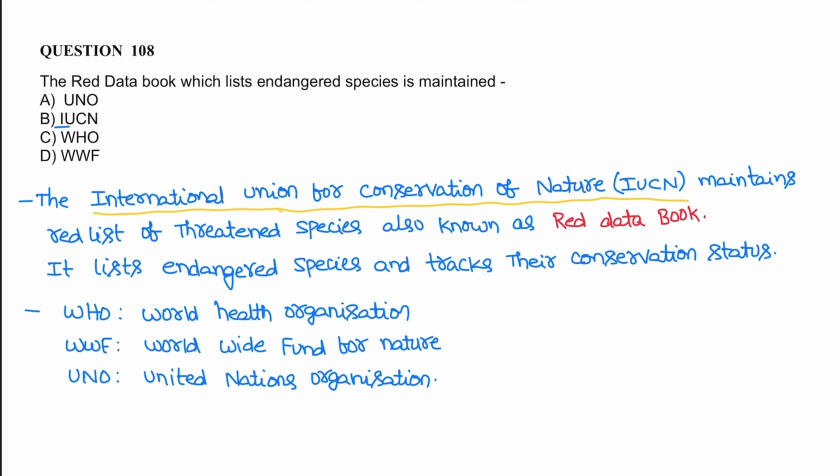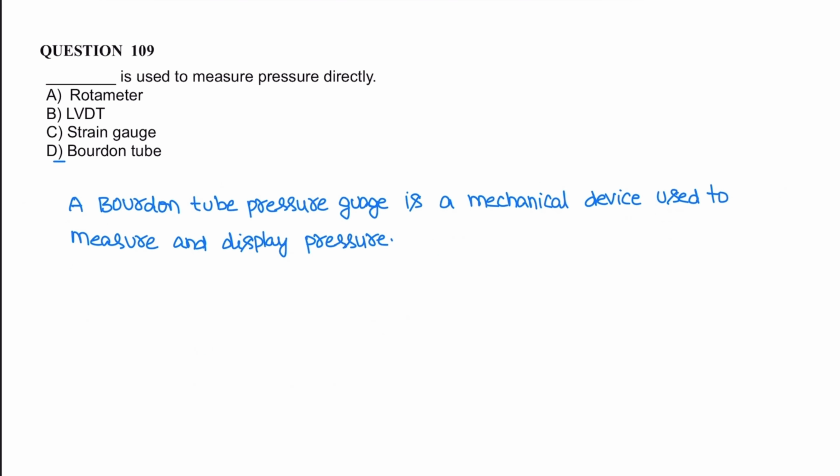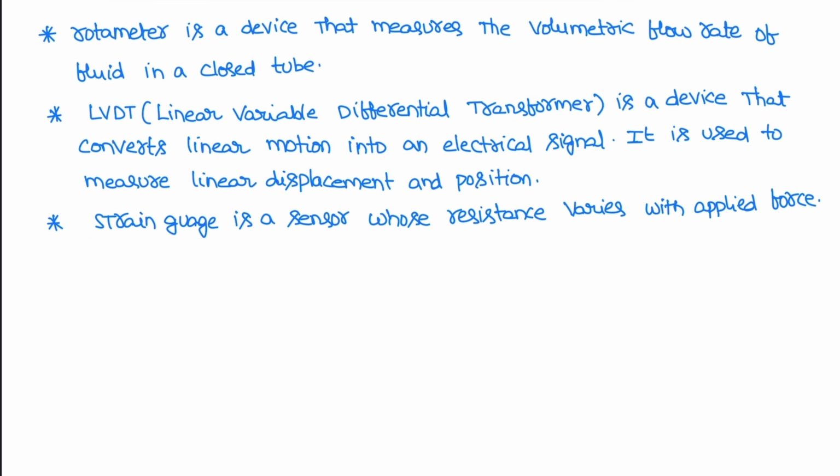Next question. Which device is used to measure pressure directly? From the given options, the Bourdon tube pressure gauge is a mechanical device used to display the pressure, so direct measurement of pressure is by Bourdon tube. Rotameter is a device that measures the volumetric flow rate of fluid in a closed tube.